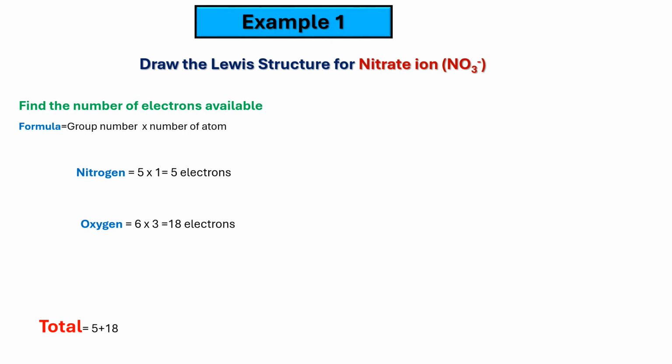Total electrons is 5 electrons from the nitrogen and 18 from the 3 oxygen, plus we have 1 electron from the ion. Remember, it's nitrate ion, which has a charge of -1, so that provides us with an extra electron. So together we have 24 electrons.